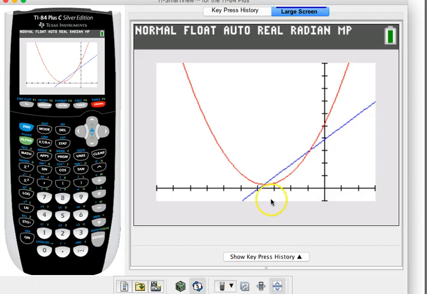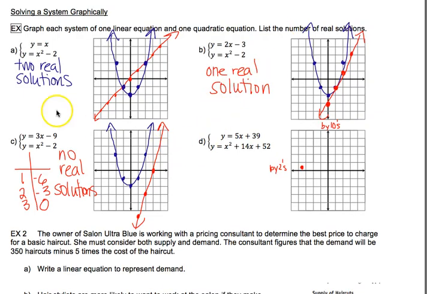If I go back and look at it again, my line, 10, 20, 30, just below 40 because it was 39 there. My x-intercept on the line, negative 2, 4, 6, 8. So that helps me. My parabola, 10, 20, 30, 40, 50, it crosses right here.